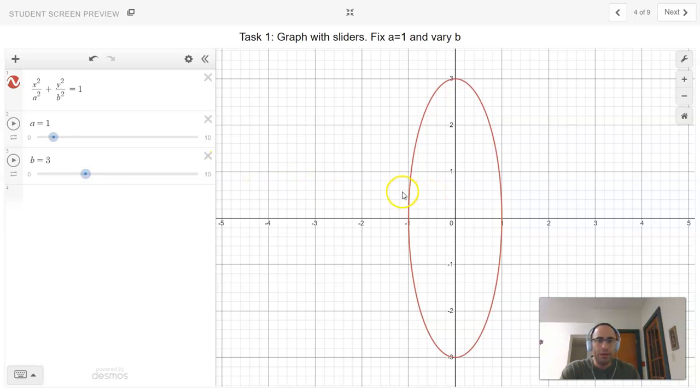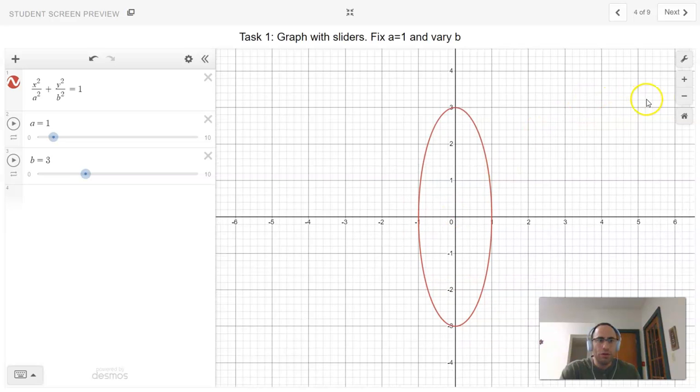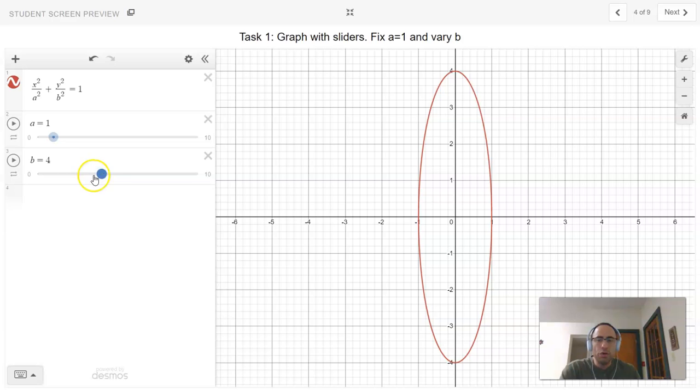Let me zoom out a bit. I'm using the mouse to zoom out. We can also use these. And if b is 4, okay. Notice also that when b is 4, the points of intersection are 0, 4. Down here, it's 0, -4.